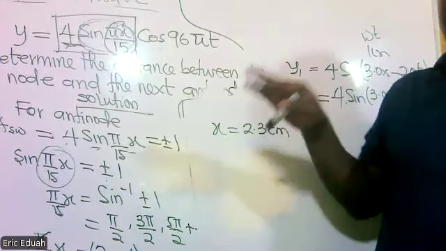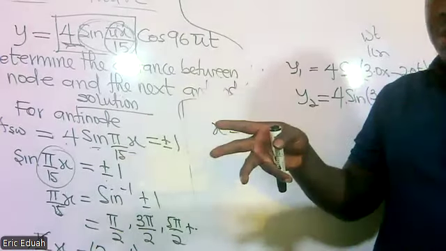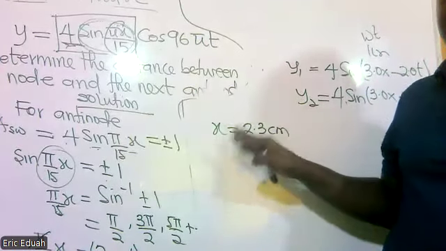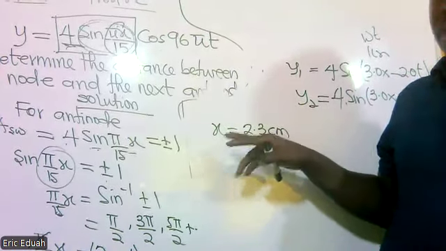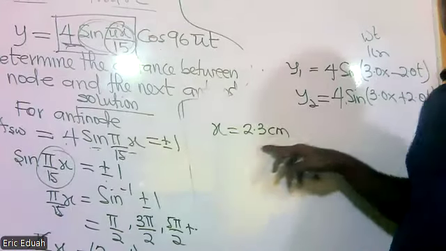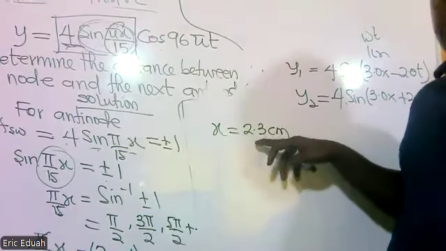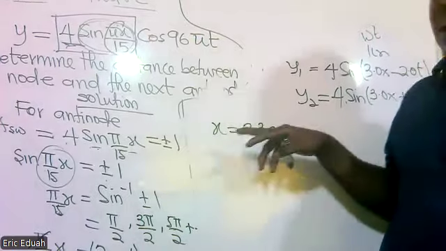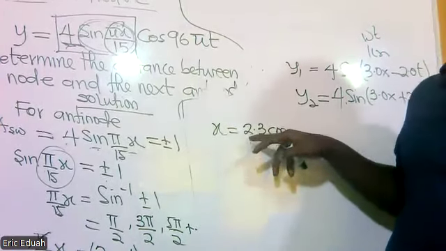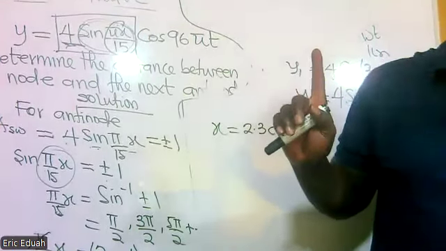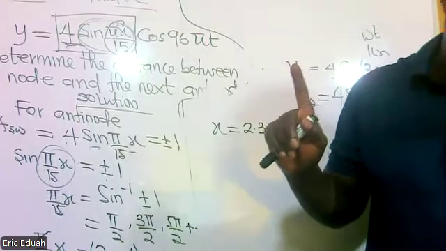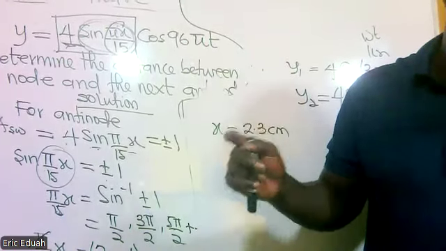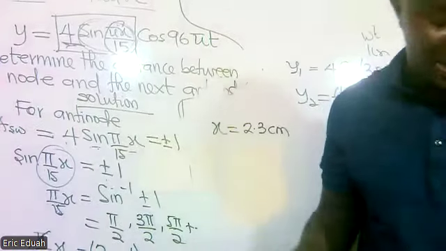Don't forget, amplitude is the maximum displacement. Here, technically, they should have said displacement because the amplitude does not occur at 2.3. So you are determining the displacement when x is equal to 2.3.